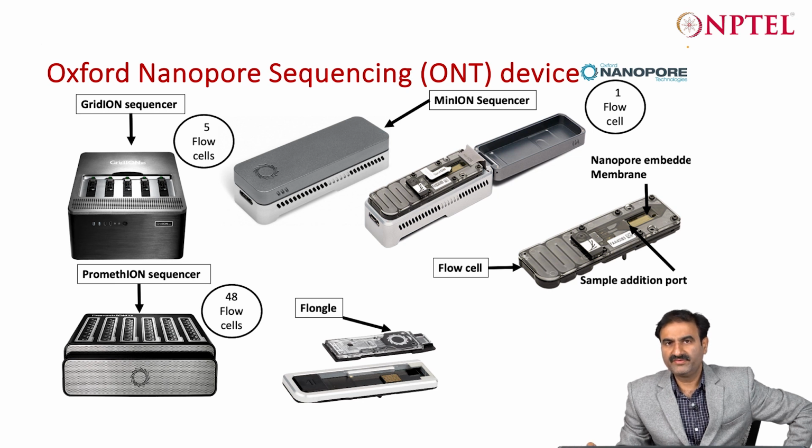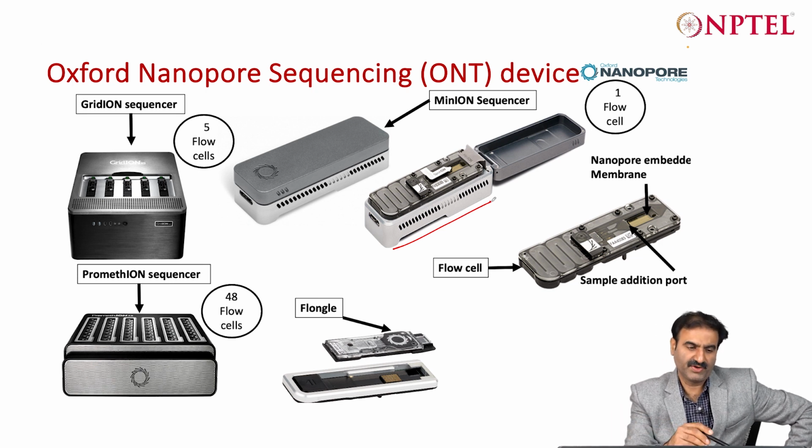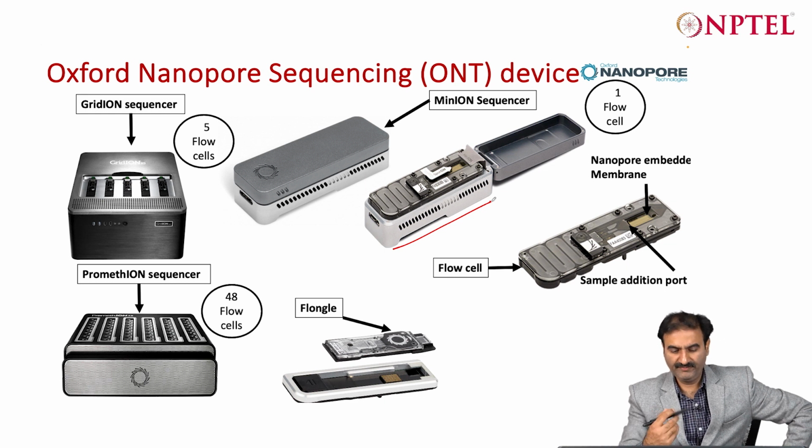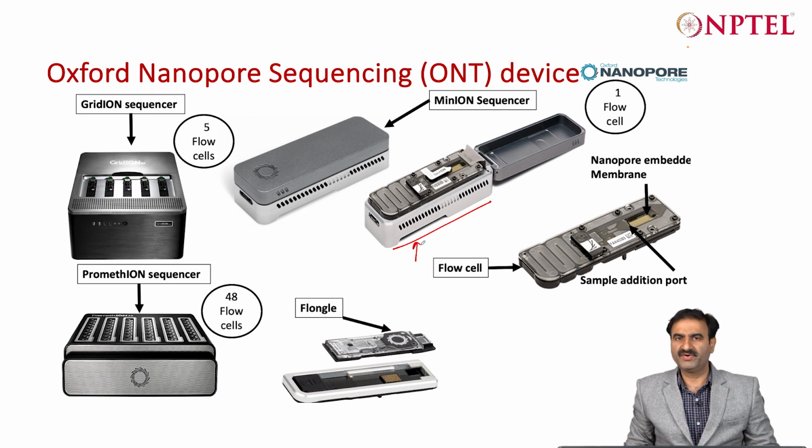Then for long reads, you can use a USB-based MinION device, or even if you have so many samples, you can go for GridION or PromethION also. Per MinION device like this kind, you can get up to 20-25 GB of data, which is again good for about 20 to 25 bacterial genomes.